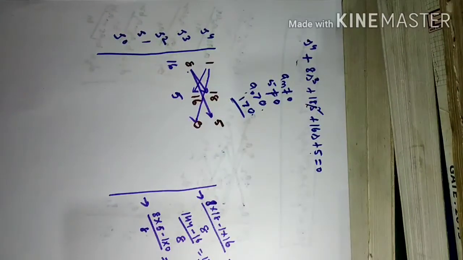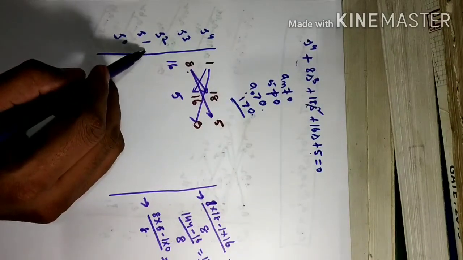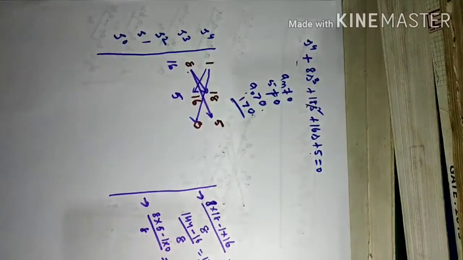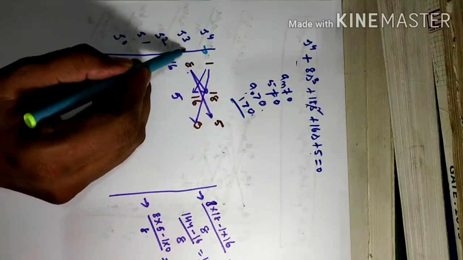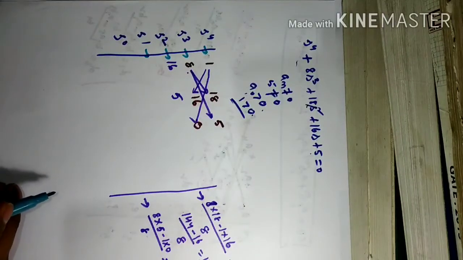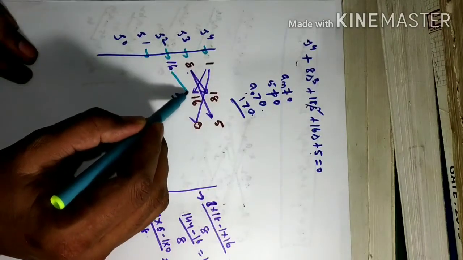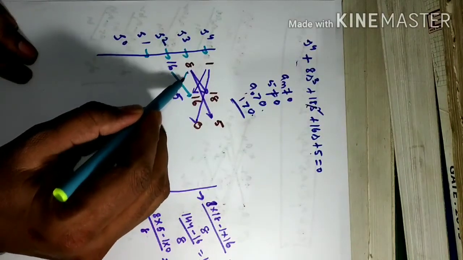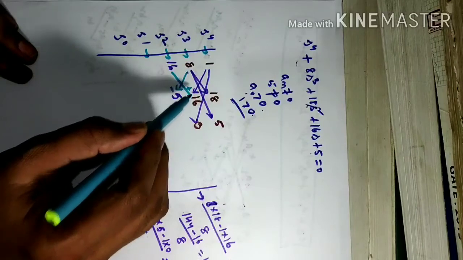So next, to find the S1 coefficient, you have to multiply these two. This is for this, this is for this. So now we are going to find the S power 1 coefficient. To find that, this one into this one, this is a minus, this one is the plus.